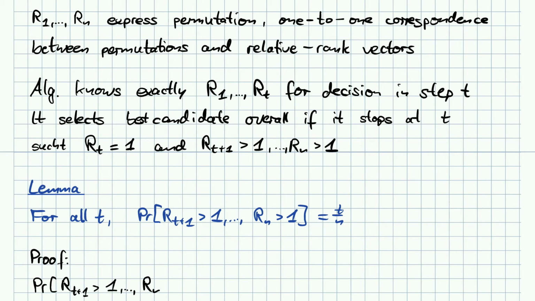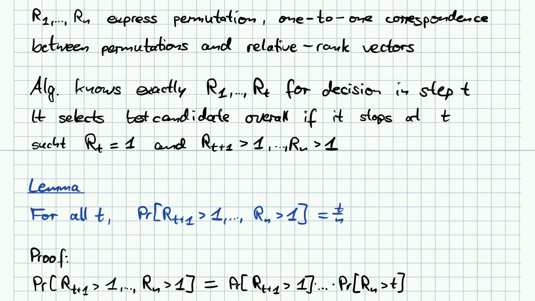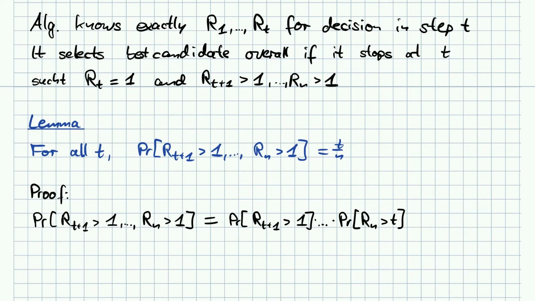Well, the probability that all of this happens is, interestingly enough, just the product of the individual probabilities. Why that? Because these relative ranks are independent. Now the first one of these probabilities is t over t+1, because it is uniformly distributed on 1 through t+1.